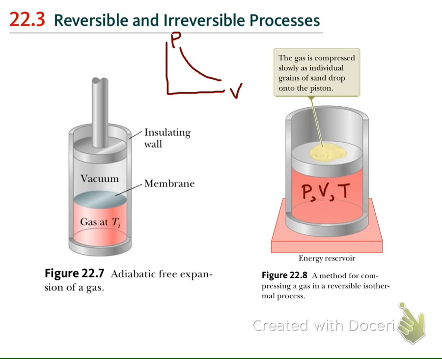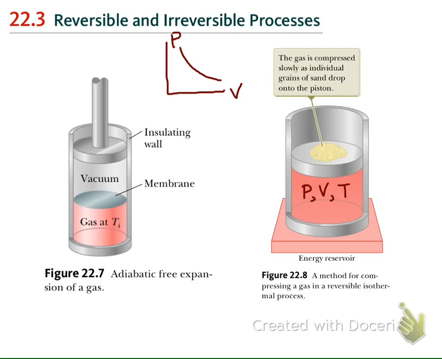But if the amount of the sand is small, if we just take 1 grain of the sand off the piston, it means that the pressure change is very small. So the system can adjust itself to the new equilibrium during the process.